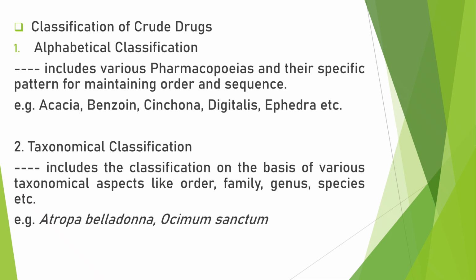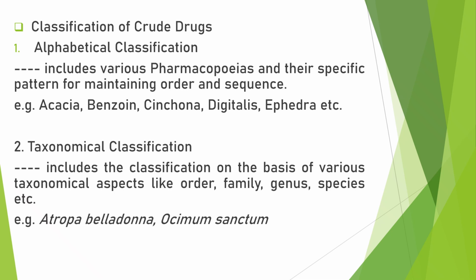If we consider alphabetical classification of crude drugs, there are several examples we can put. Starting with acacia, benzoin, cinchona, dill, ergot, fennel, gentian, hyoscyamus, ipecacuanha, jalap, kurchi, liquorice, myrrh, nux vomica, opium, podophyllum, quassia, rauwolfia, senna, Uncaria gambier, Vasaka, wool fat, beeswax.